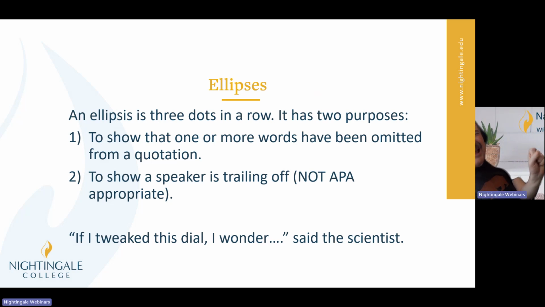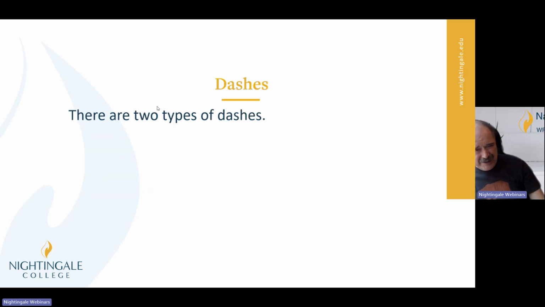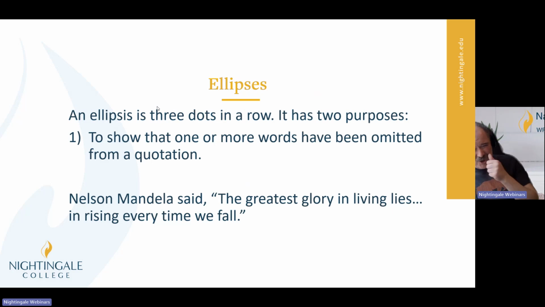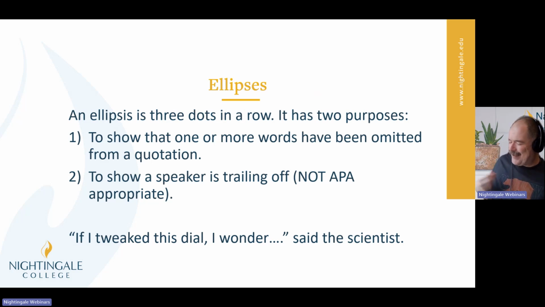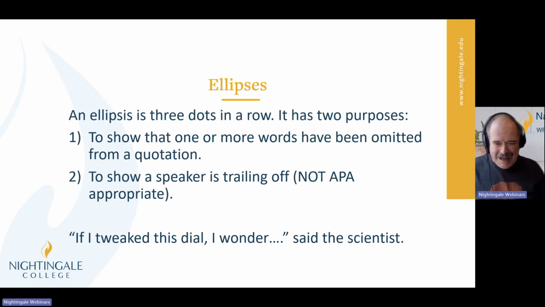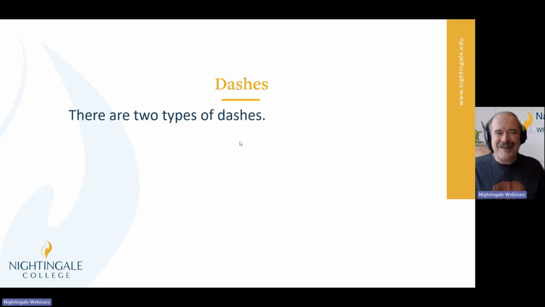An ellipsis is always three dots when you are doing the omission. But if you're putting it at the end of a sentence, which we're not going to do in APA writing anyway, an ellipsis cannot end a sentence. A period can. So you've got to put the three dots of the ellipsis plus the one dot of the period, for four. All right, now you know.